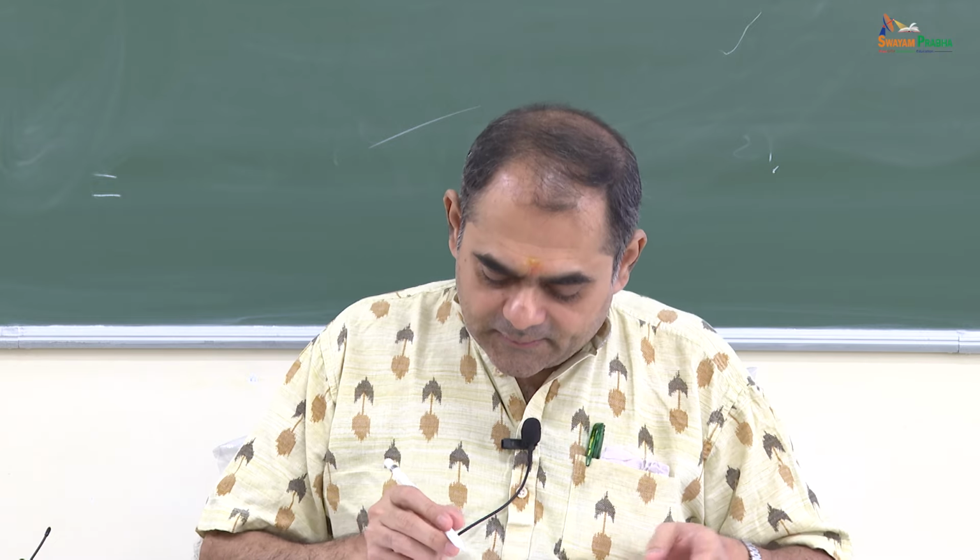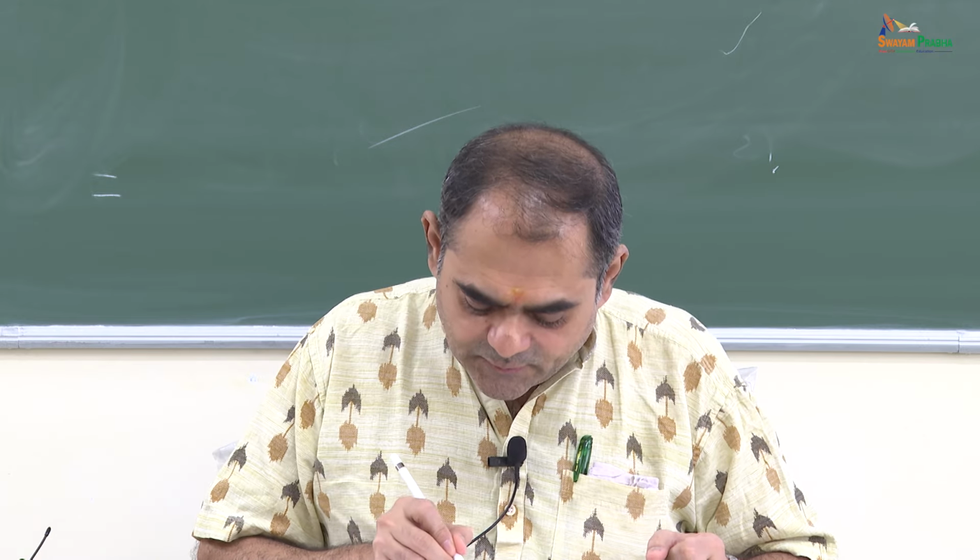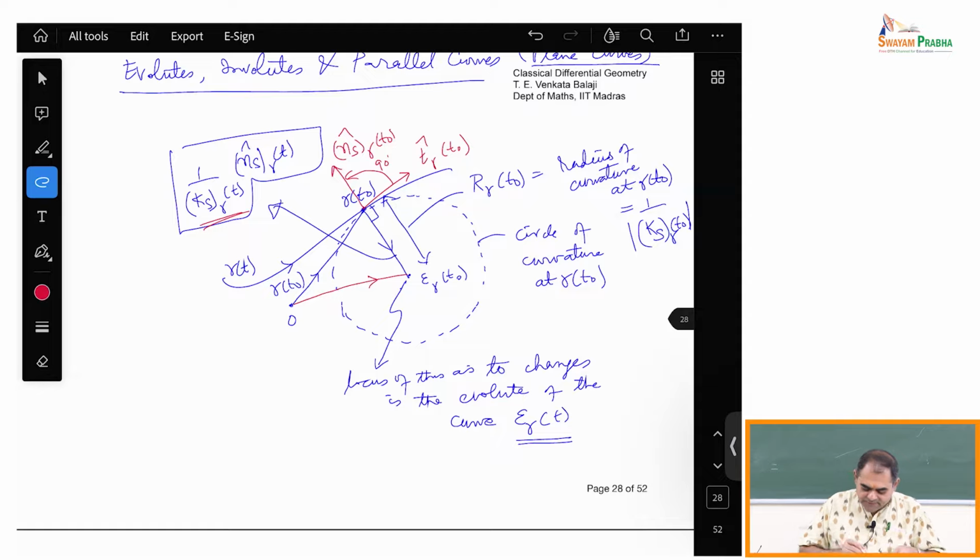So the net effect of all this is that you can write this vector, the position vector of the center of curvature, by the triangle law: you add gamma t naught to this expression.